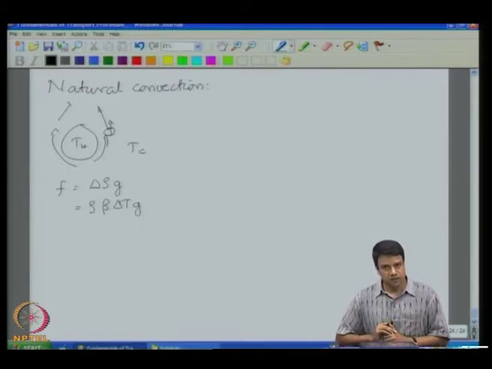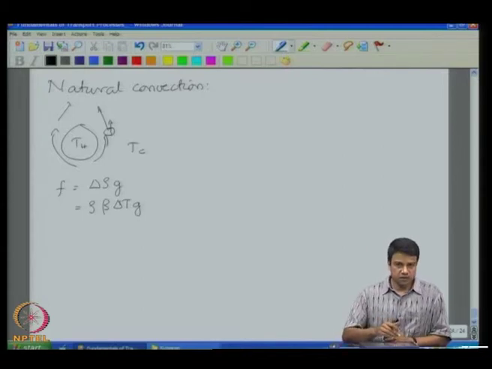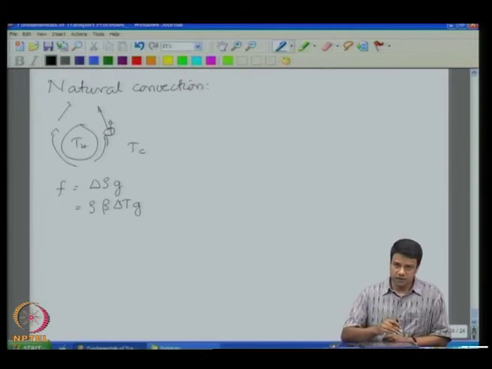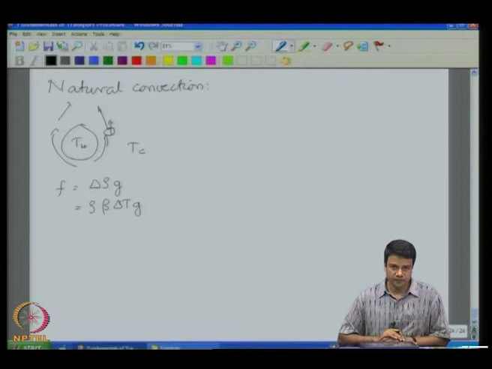This force causes a velocity in the fluid, and what is that velocity going to be? One can consider two different cases. One is where the force is balanced by the inertial stresses in the fluid. The second is where it is balanced by the viscous stresses in the fluid. It will not make very much difference from the point of view of dimensional analysis which one you consider. But let us for the moment consider that this force is balanced by the viscous stresses in the fluid.